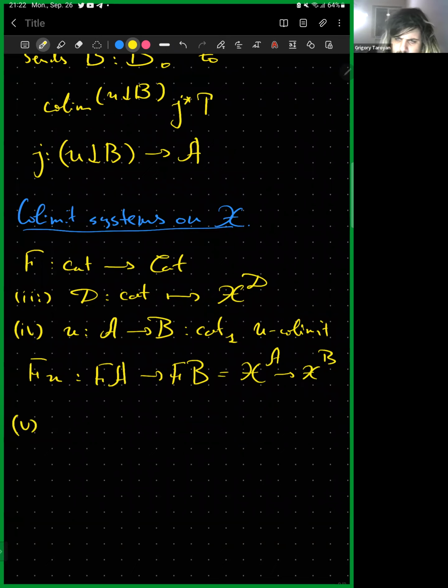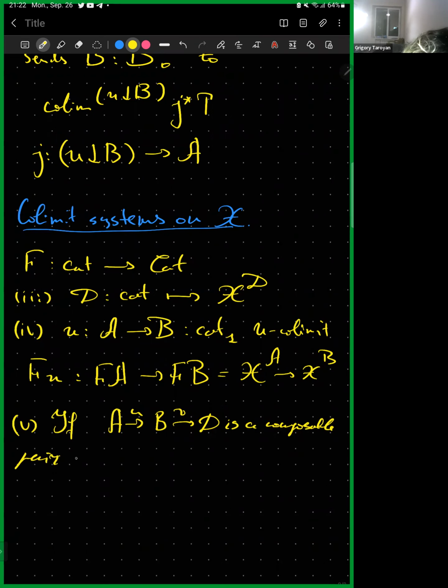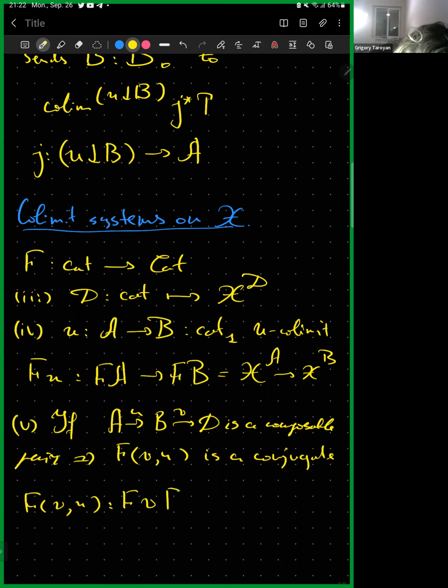And if we have a composable pair of maps U and V, or pair of functors, if this is a composable pair, then f of vu rather, is a conjugate fvu from the composition fv fu to f of the composition.